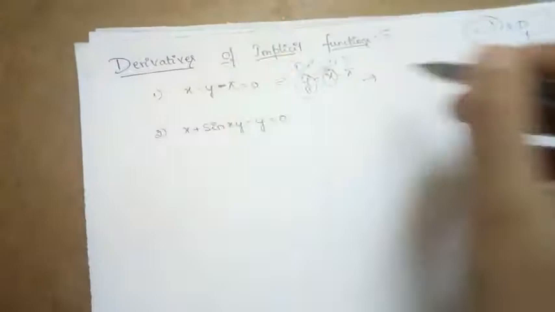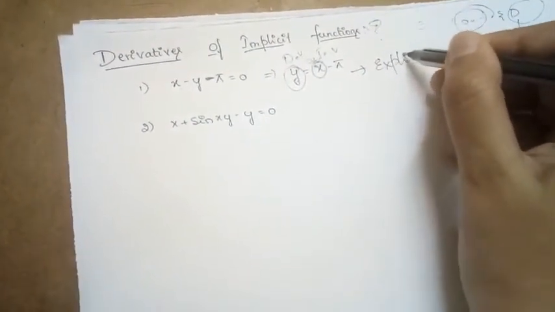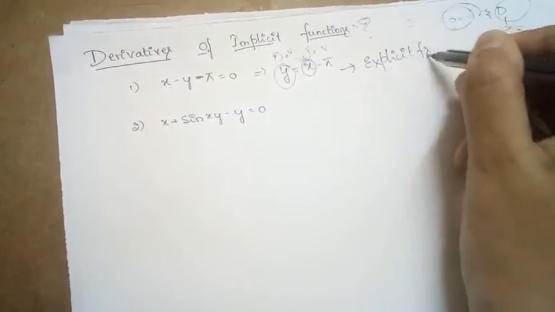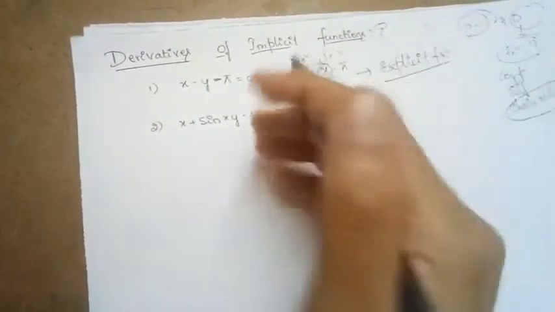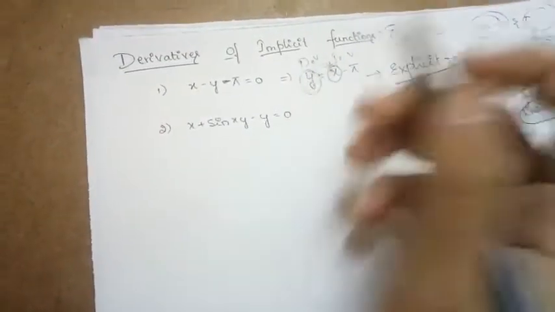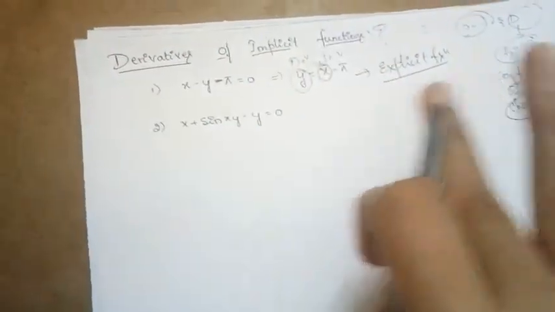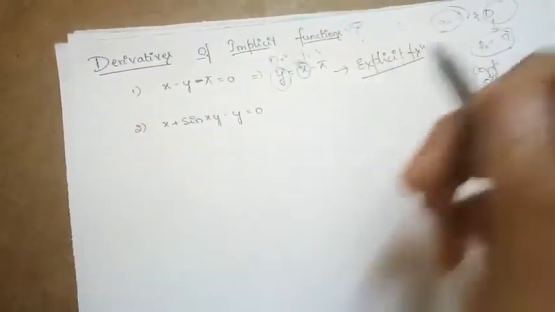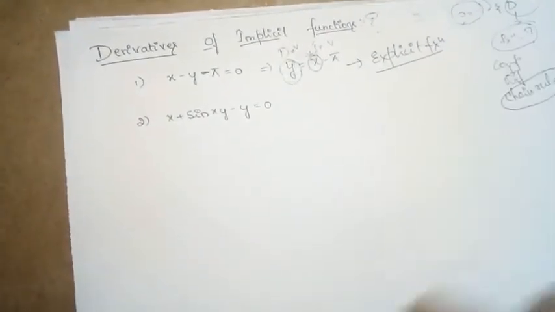Such types of equations or functions are called what? Explicit functions. In an explicit function, I can isolate the dependent variable. Here y is the dependent variable, so I kept that variable on one side and the independent variable on the other side. Such functions are called explicit functions.